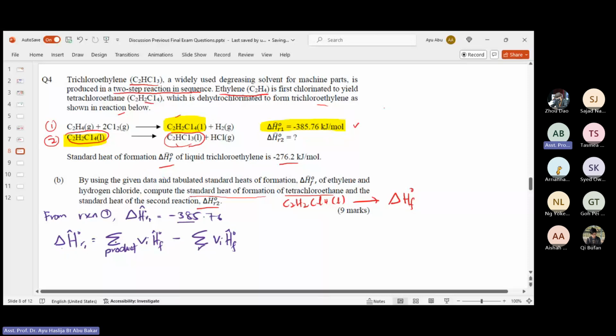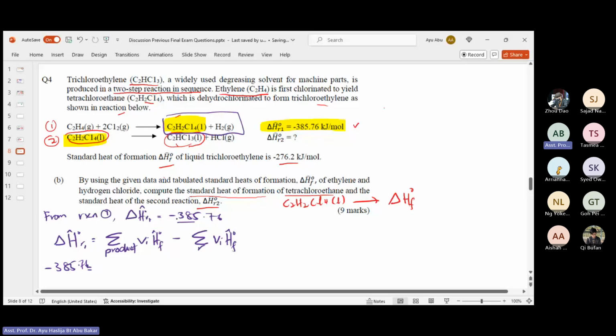Now from this equation, you need to arrange the inputs that you have and what heats of formation are required. The heat of reaction is given. We focus on reaction 1.